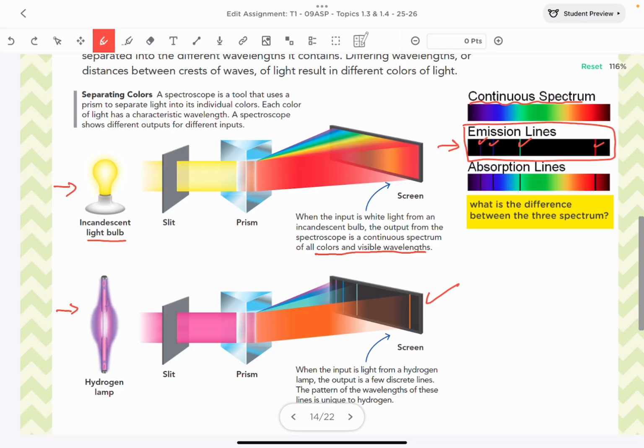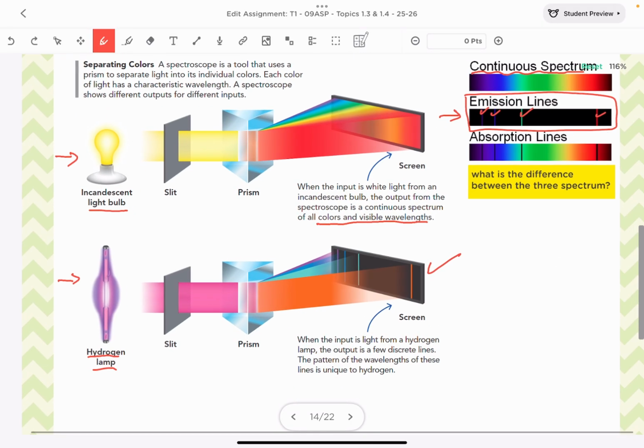Whereas if I have a light directed to a hydrogen lamp, it means a lamp containing atoms of hydrogen, the electrons in the hydrogen will be excited. So they will move to higher levels, could be to level 2, level 3, level 4, depending on those electrons and the amount of energy that they will gain. However, as I mentioned, those electrons will not stay in the excited state.